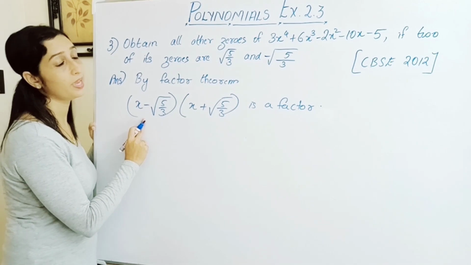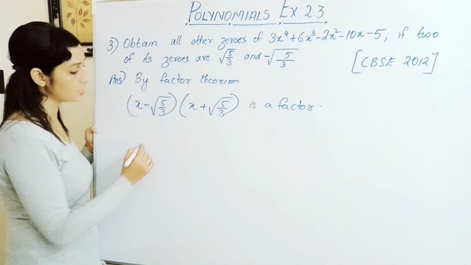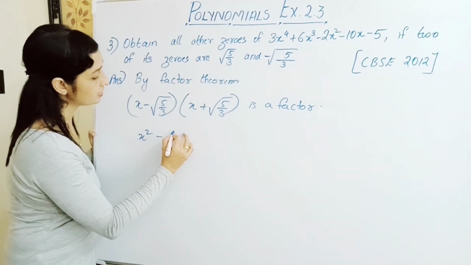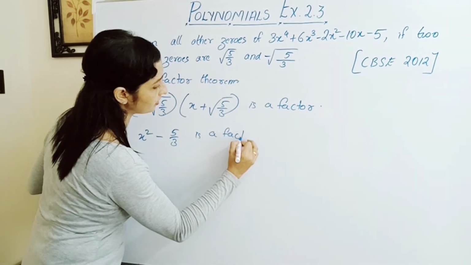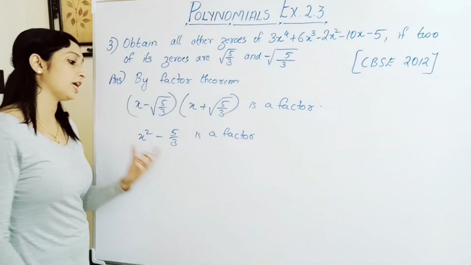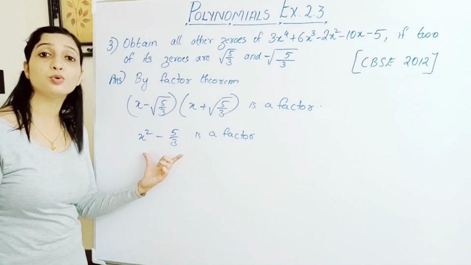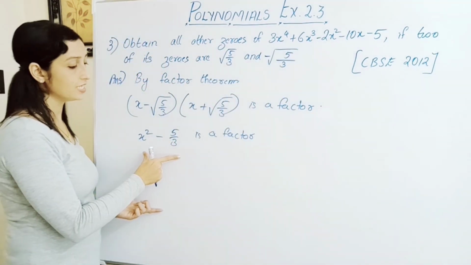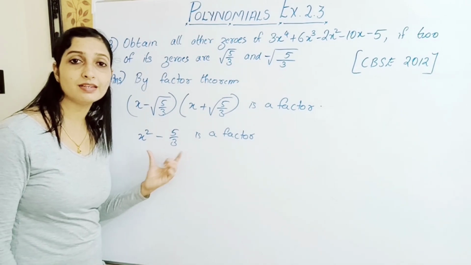This is of the form a minus b into a plus b. So, this can be written as a square minus b square. So, this is x square minus 5 by 3 is a factor. Now, since you have got x square minus 5 by 3 as a factor, you can divide the given polynomial by this and you get the remainder 0.